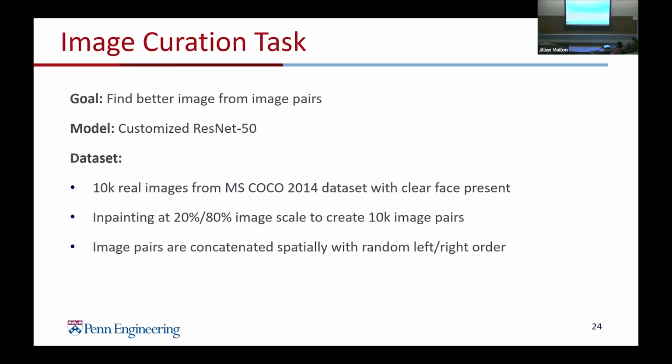When we deal with the COCO dataset, we actually utilize a human face detector to curate those images such that there are clear faces present. But like you said, we have also experimented with some already curated datasets, such as one called Human Parts. In that dataset, there are also clear faces present, so we don't have to do any further pre-processing. So yeah.